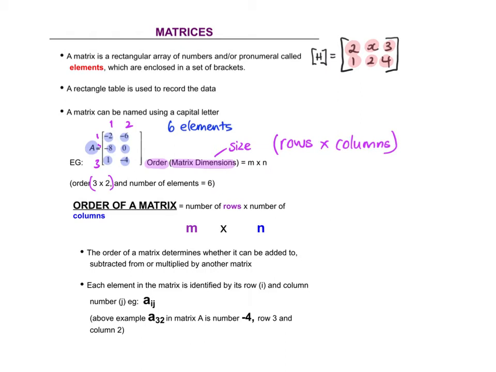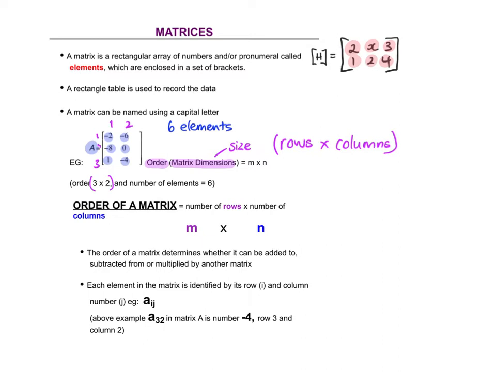3 rows, 2 columns. Remember columns, like the Colosseum, how it has the big pillars like that? Column, yeah, rows. This becomes really important because there are a few rules later on where we need to know the order.